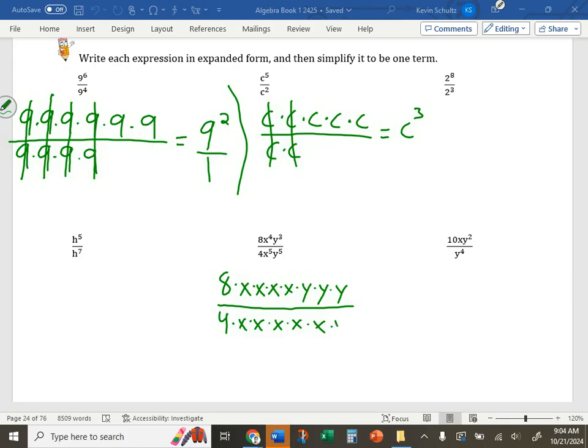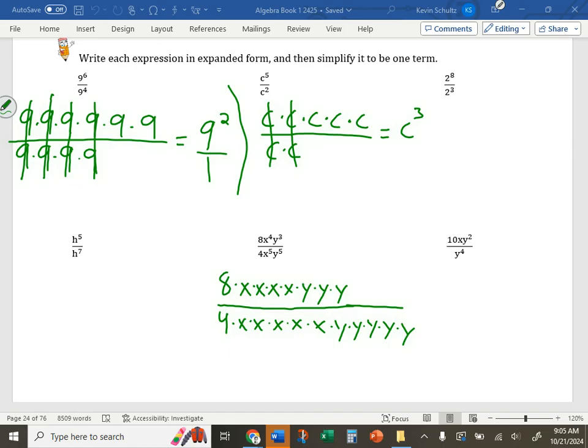Oh, we got a bunch of y's too. 5 of them. Y times y times y times y times y. Whole bunch of stuff. Okay? So here I didn't really line up my y's in the numerator with my y's in the denominator. But I'm a smart man, so I can figure it out.